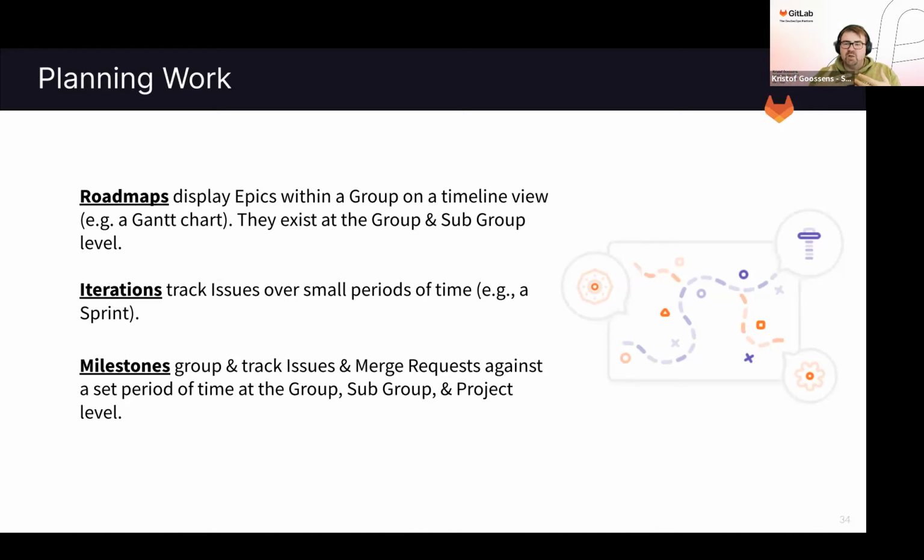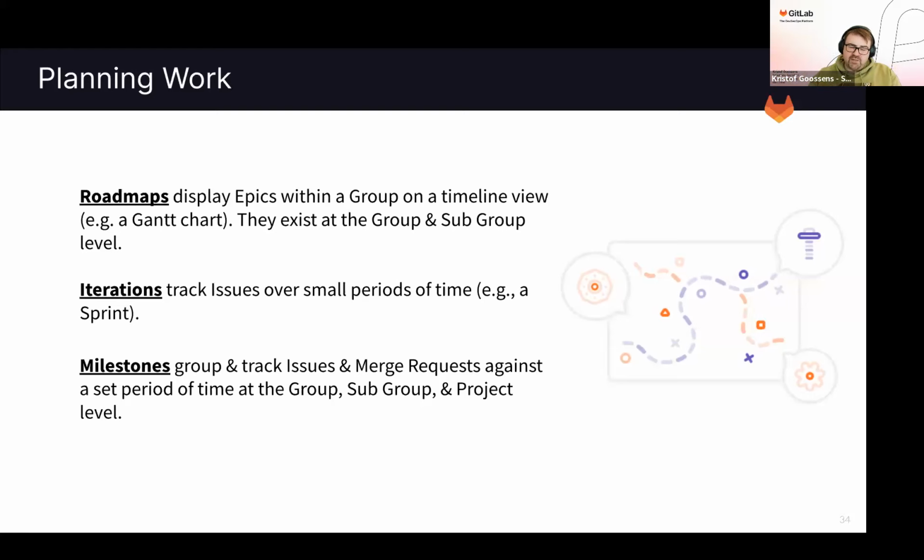It is covering multiple things, typically in multiple projects, even multiple subgroups if needed, which means that an epic makes sense on a group level, while an issue is always going to be on a project level. Now, the roadmap will display these epics that are within a group and the subgroups in a visual representation, like a Gantt chart, essentially, showing what the timing is for it.